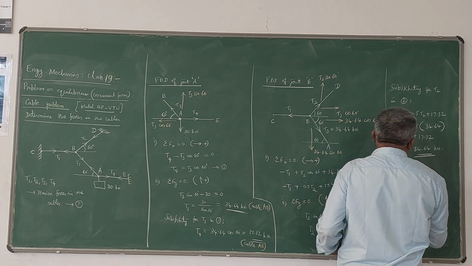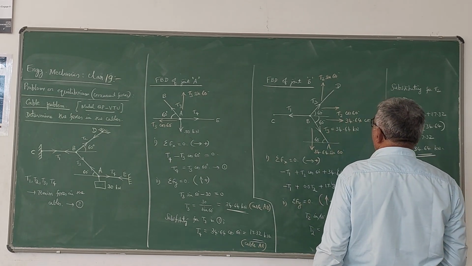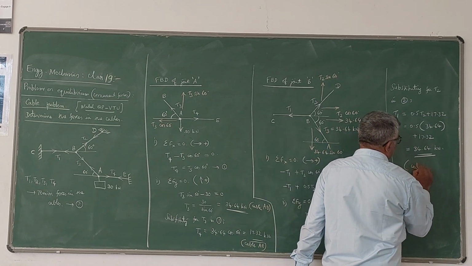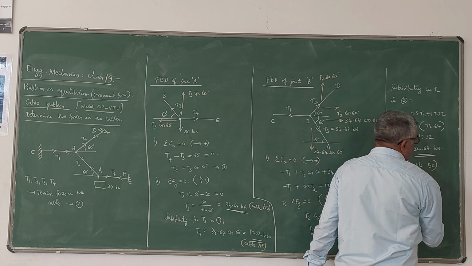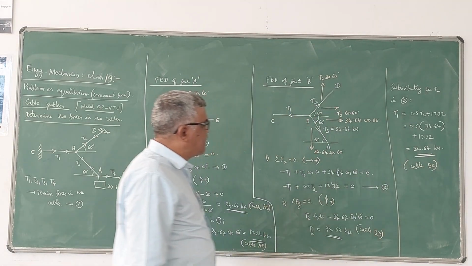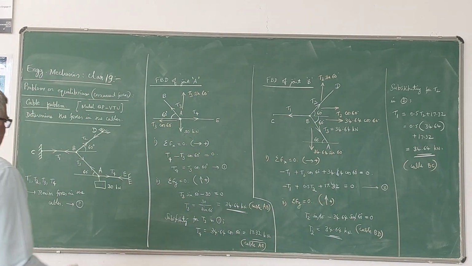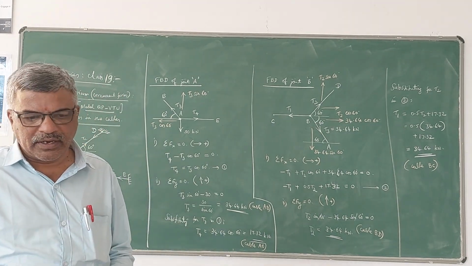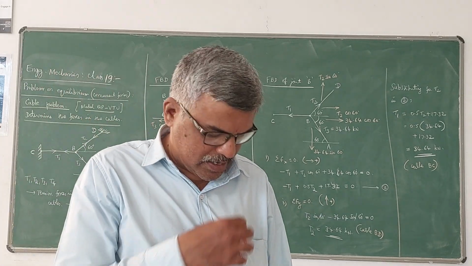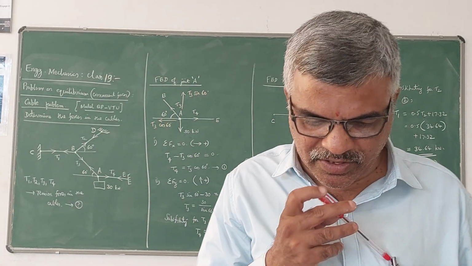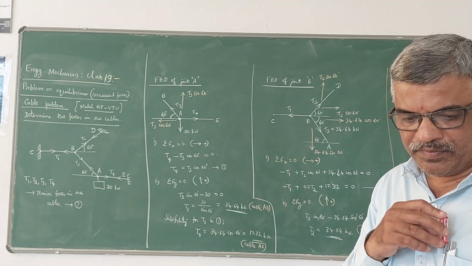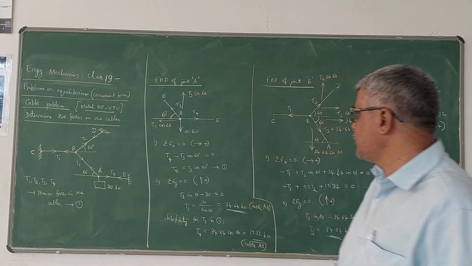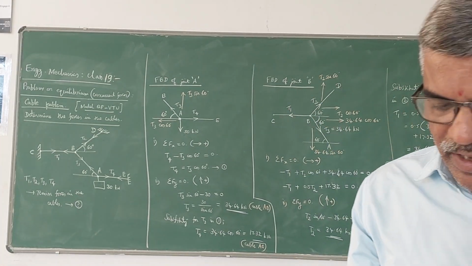This is the tension force T1 in the cable BC. So these are the tension forces that develop in the cables to sustain this load of 30 kN. The entire system will be in equilibrium, and by applying the equilibrium equations at the joints, you can always find out the tension in the cables.